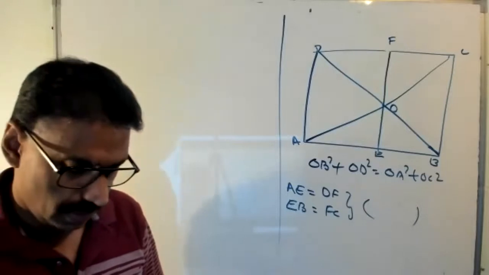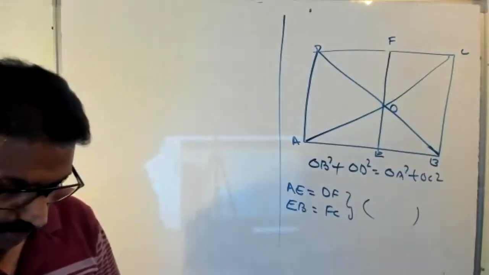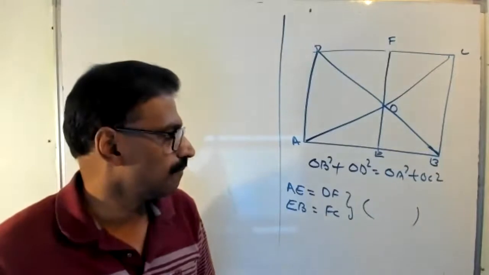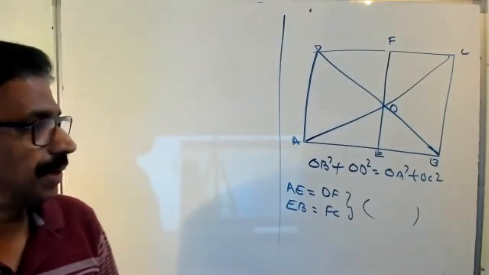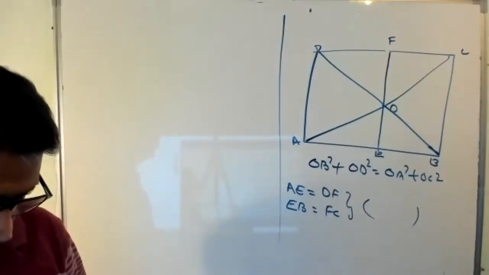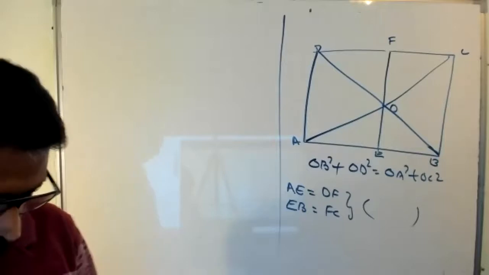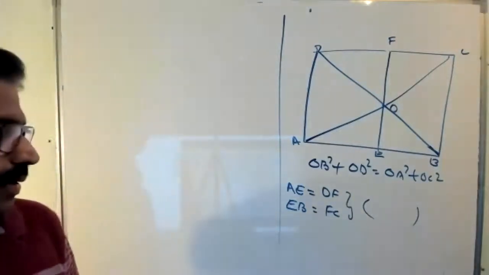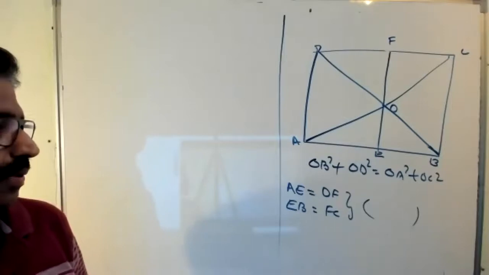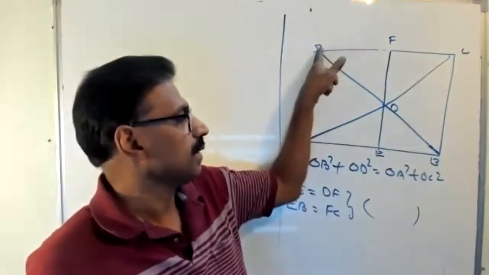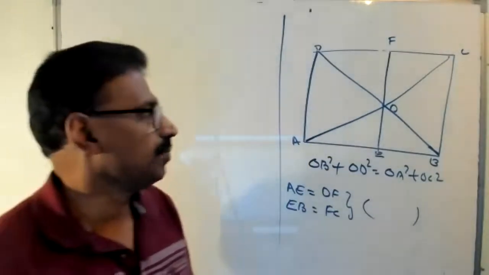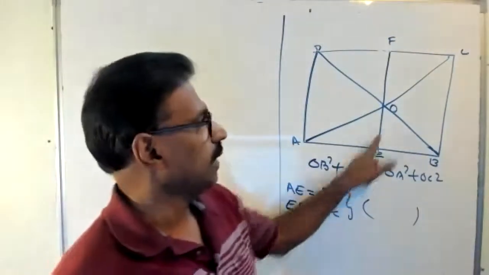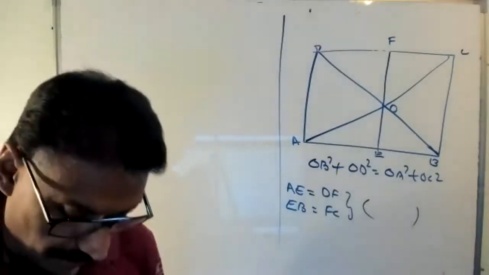Then, proof: AEFD and EBCF are rectangles.